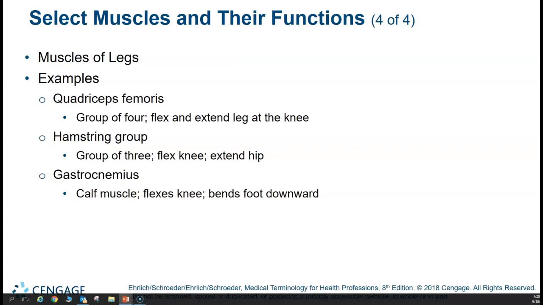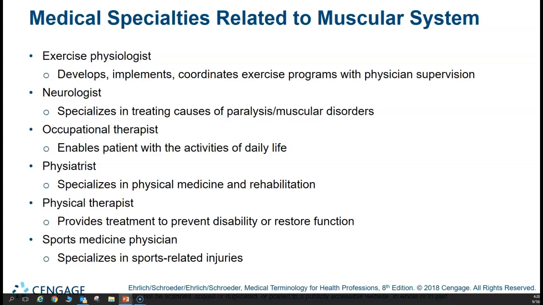Again, the hamstrings, the quadriceps, there are so many different muscles in the body, and that is for another class. Some of the medical specialties related to the muscular system is an exercise physiologist, and they really work with patients to develop exercise programs with the physician's supervision, making sure that the patient's able to do it, that we're not overextending them.